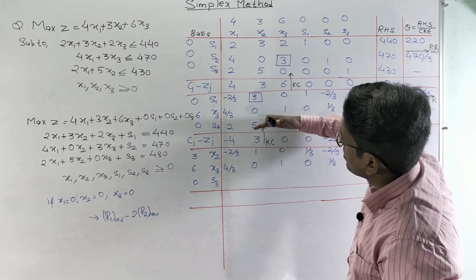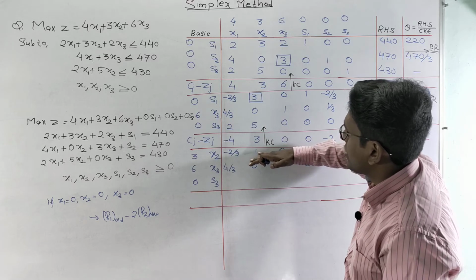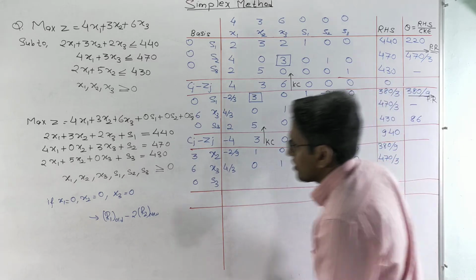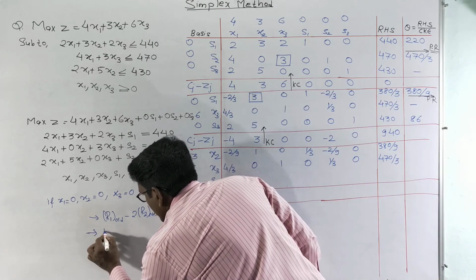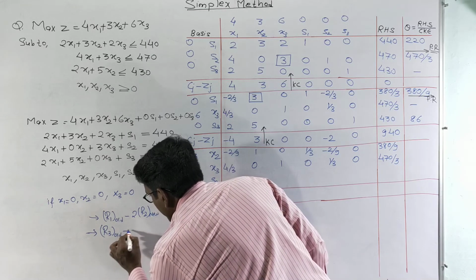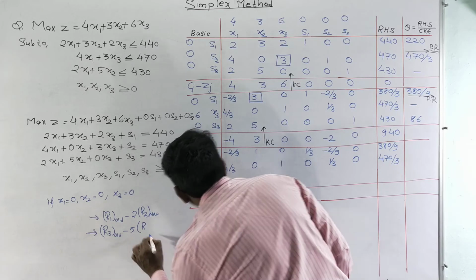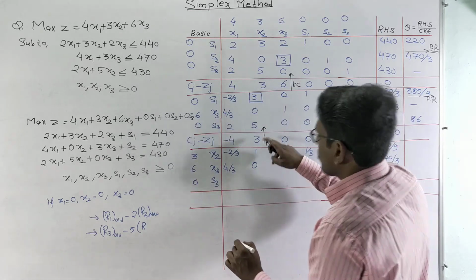What I'll do is, row 3 minus 5 times row 1. So this is the old row 3 minus 5 times the new row 1.